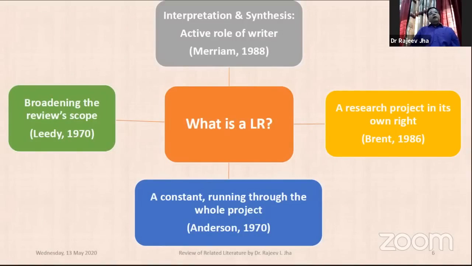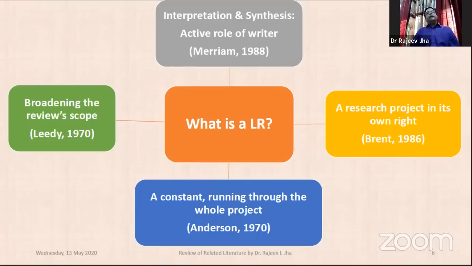So we find only 3 definitions are given in this presentation, but there are many, many more. And we find that literature review has characteristics such as interpretation and synthesis. And in this task of literature review, the active role of the writer, the researcher, is involved. Sometimes the literature review is written as a project in its own right. And it also involves a constant running through the whole project.